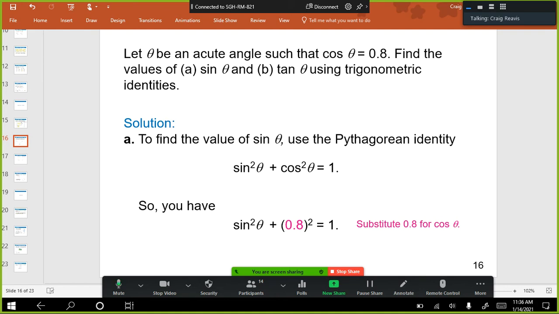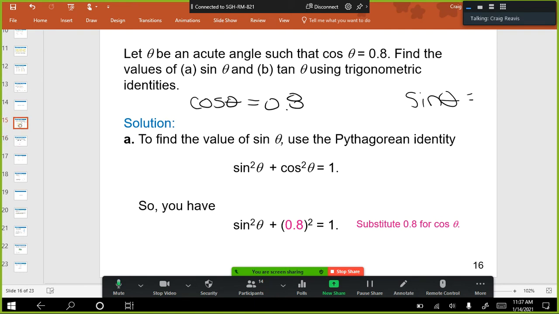Let theta be an acute angle such that cosine of theta equals 0.8. Find the values of sine and tangent using trig identities. All right, so let's follow this along. They're giving us that the cosine of theta equals 0.8, and they want us to find what the sine is equal to, and the tangent.